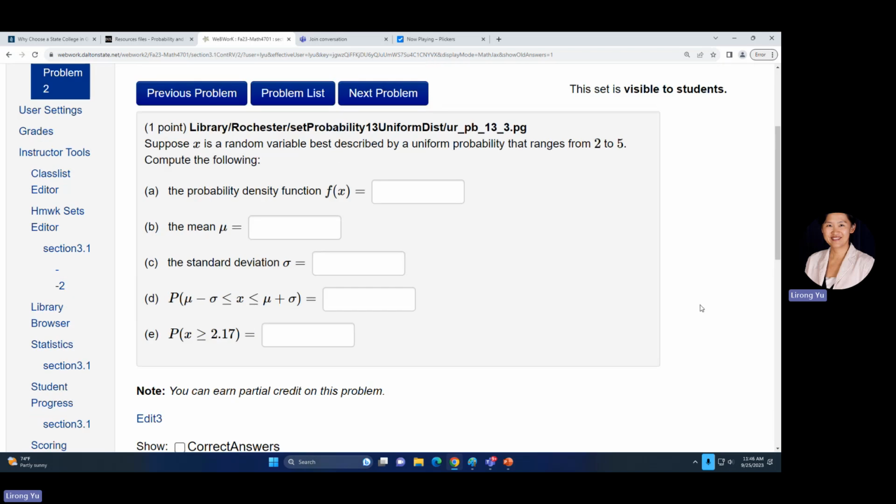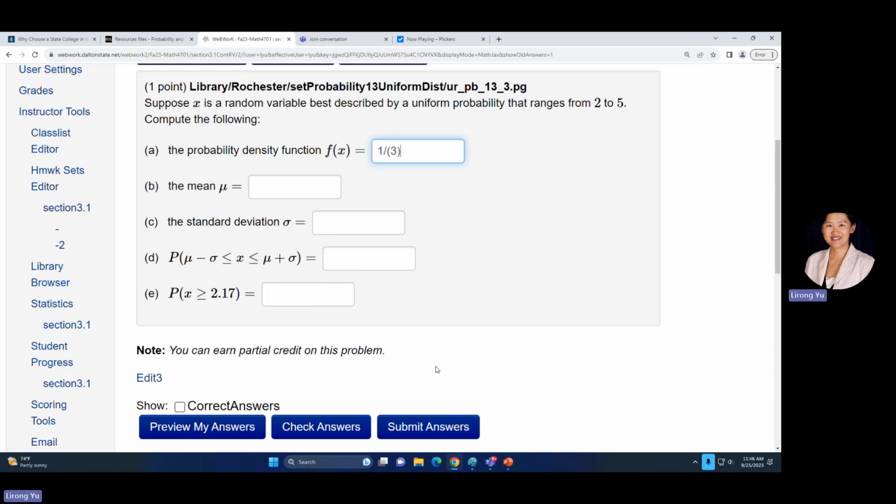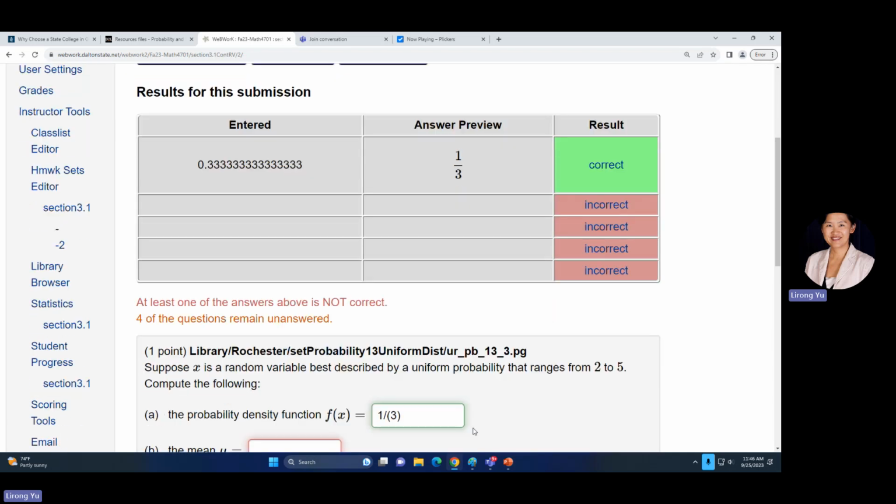So this is question number 2. Again, I feel like this is a standard question. X is a random variable. It has a uniform probability, and the values are from 2 to 5. So 2 is A, 5 is B. So if you want to find the probability density function, it's 1 over B minus A, which equals 1 over 3, right? 5 minus 2 is 3.